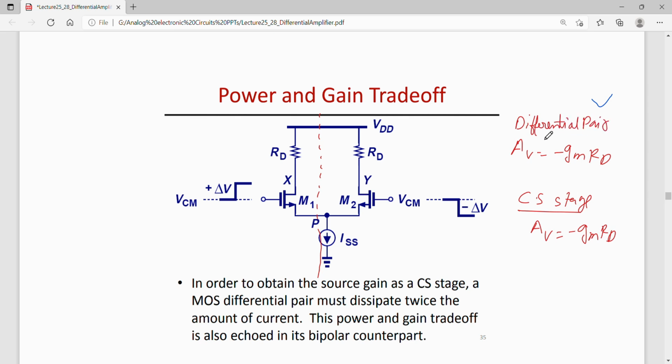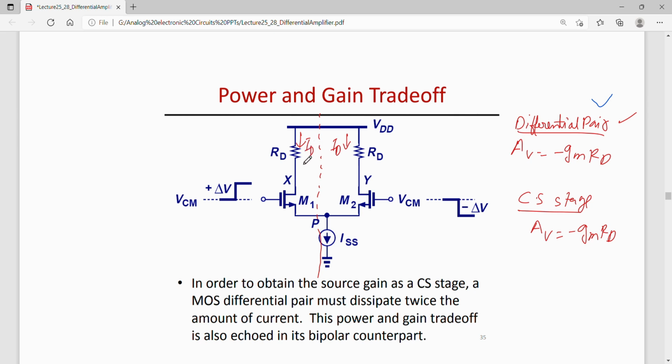So we see that the gain of this differential amplifier is equal to the gain of one half of this circuit. That means this differential pair has to work hard so that it matches the gain of a common source stage. How hard does it have to work? That can be understood by looking at the drain currents drawn by this differential pair.